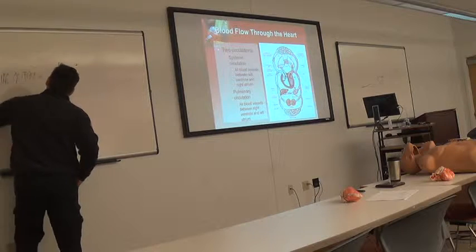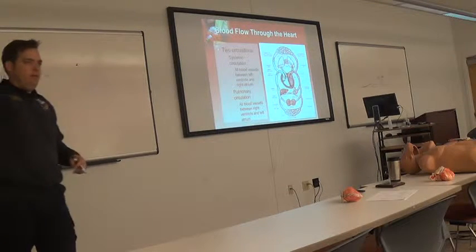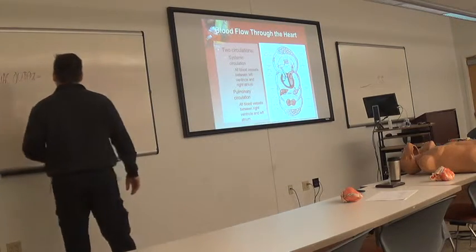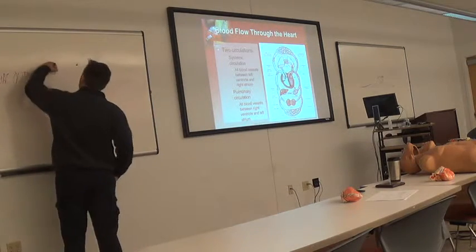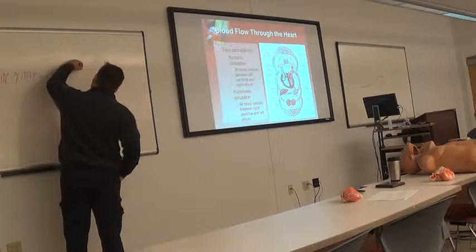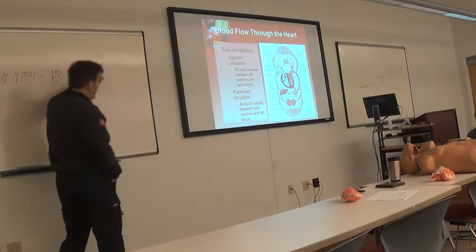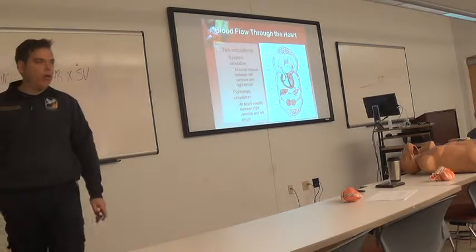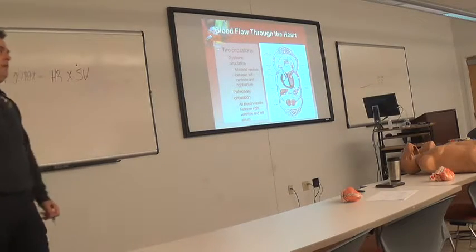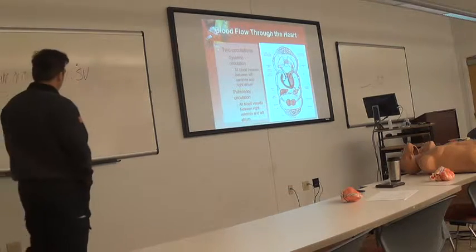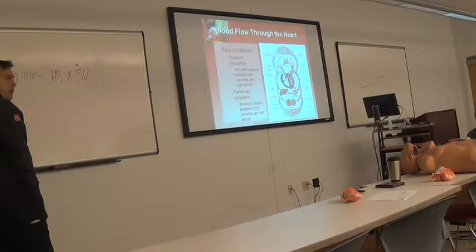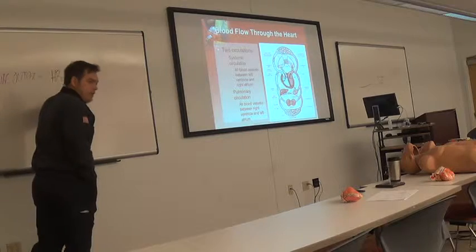Cardiac output is dependent upon what two things? Stroke volume times heart rate. Very good. Heart rate is the number of contractions in a minute, times my stroke volume. What's the definition of stroke volume? The amount of blood pumped out in a single contraction. So cardiac output is over a minute. Stroke volume is one single contraction.